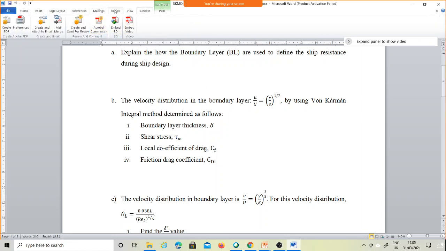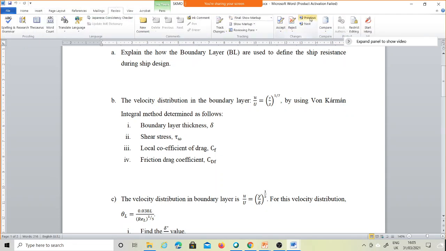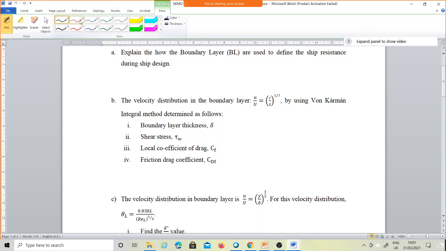So how to calculate? This one is very famous. If you haven't watched my lecture for the turbulent flow, this is the constant. We call this the 1/7 power method. So u by u infinity is equal to y by delta to the power 1/7.